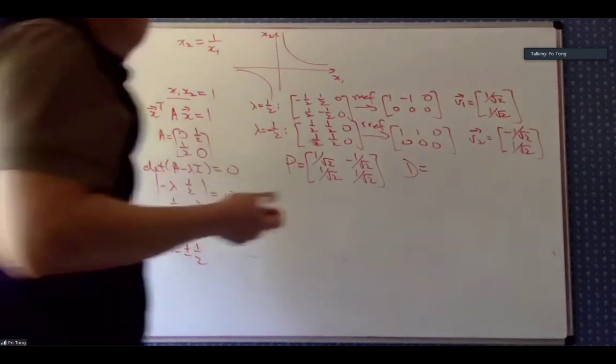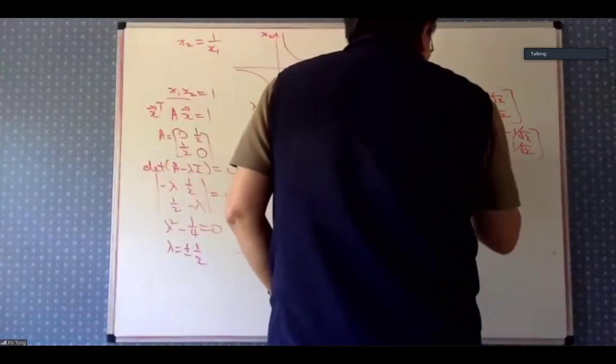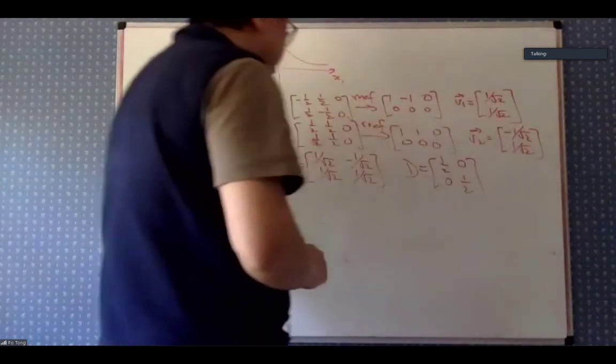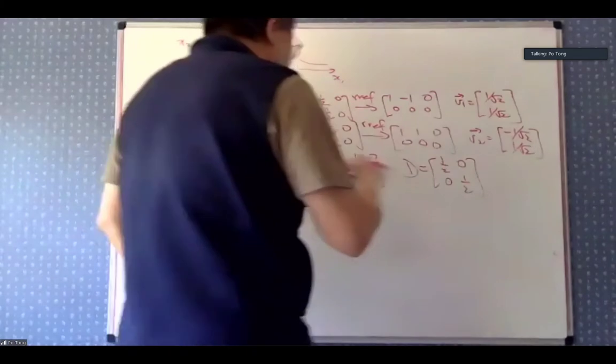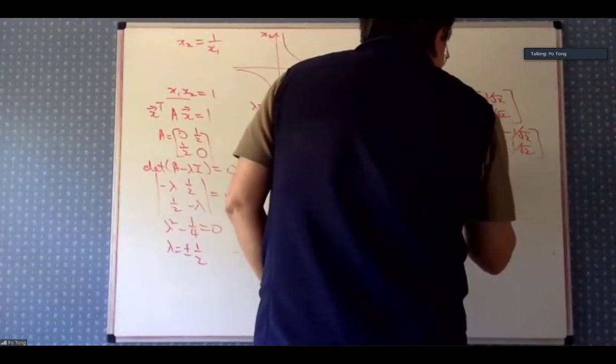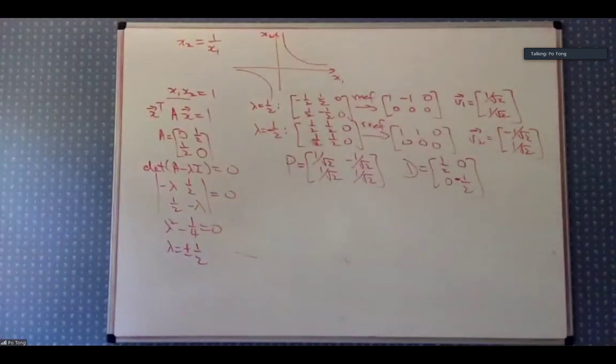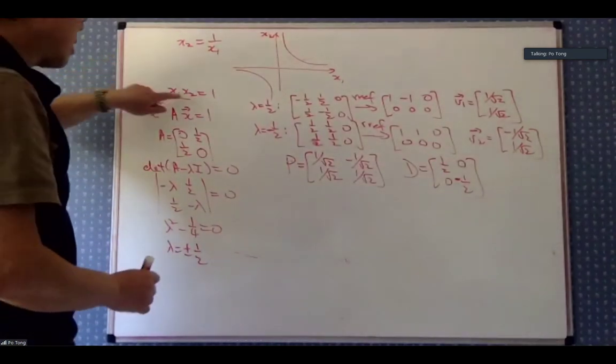My D is 1/2 and -1, sorry. Okay. So this guy, x1, x2 equal to 1.